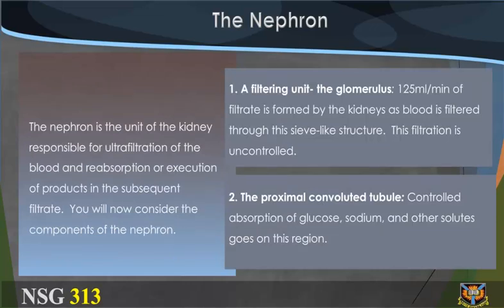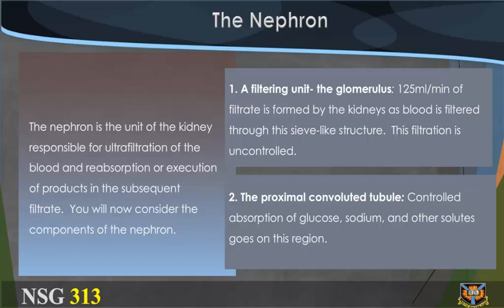The nephron. The nephron is the unit of the kidney responsible for ultrafiltration of the blood and reabsorption or excretion of products in the subsequent filtrate. You will now consider the components of the nephron. 1.